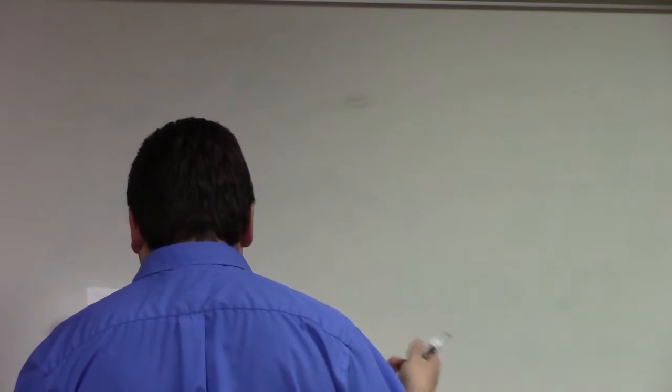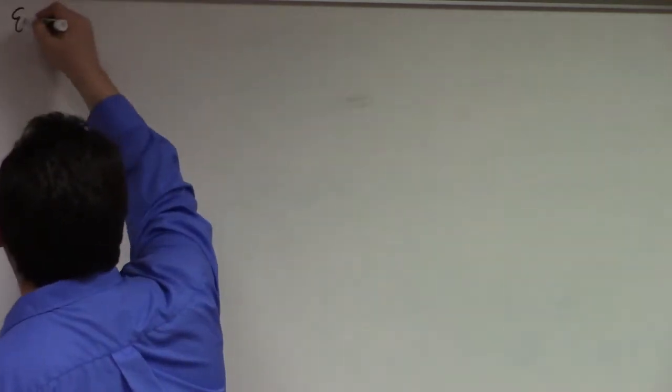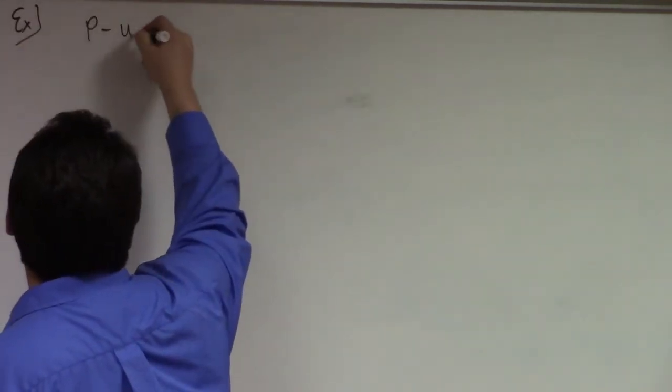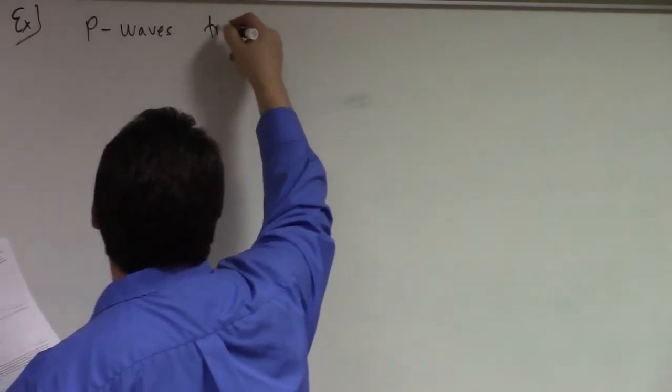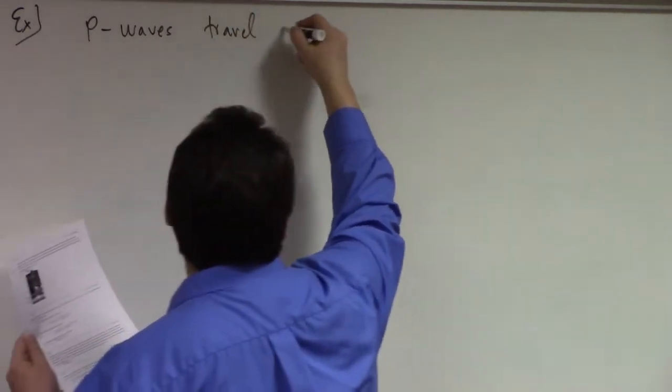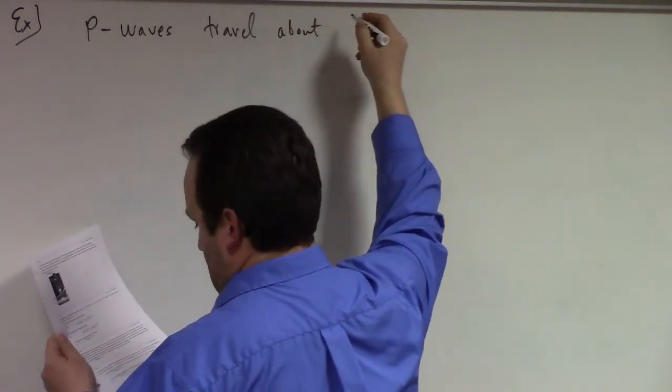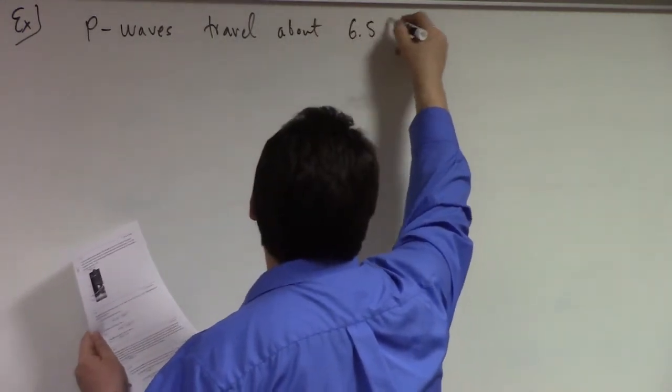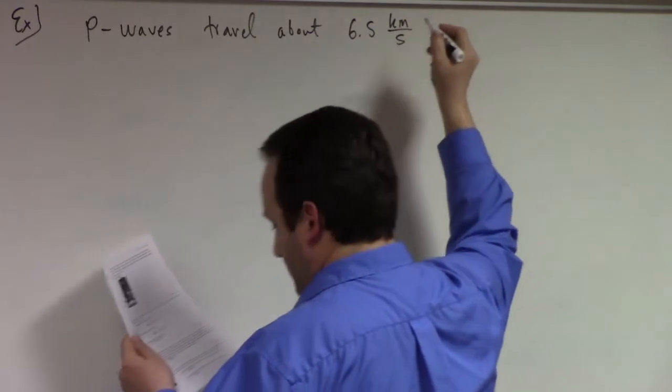and S waves for secondary or shear. In the Earth's crust, P waves travel about 6.5. So you've got P waves, these guys travel, in my problem, about 6.5 kilometers per second.